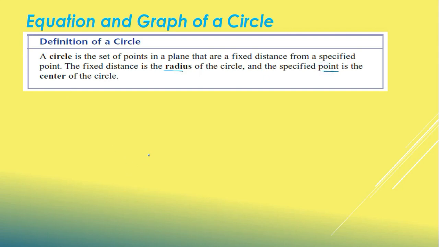It means that there is a fixed point and a distance r, a radius fixed. Now if this point is rotating, collecting all the points in this track, it will form a circle, isn't it? This is the definition of a circle.